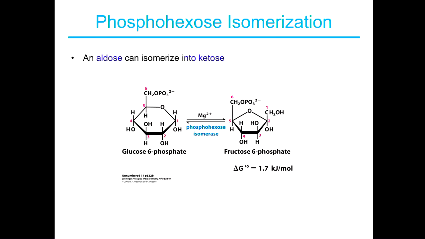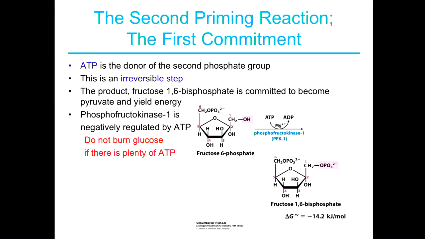So again, same number of carbons, same number of phosphoryl groups, same number of oxygens. In this class we don't necessarily go through so many details of the mechanisms, maybe 1 or 2 enzymes if I put them on the slides.